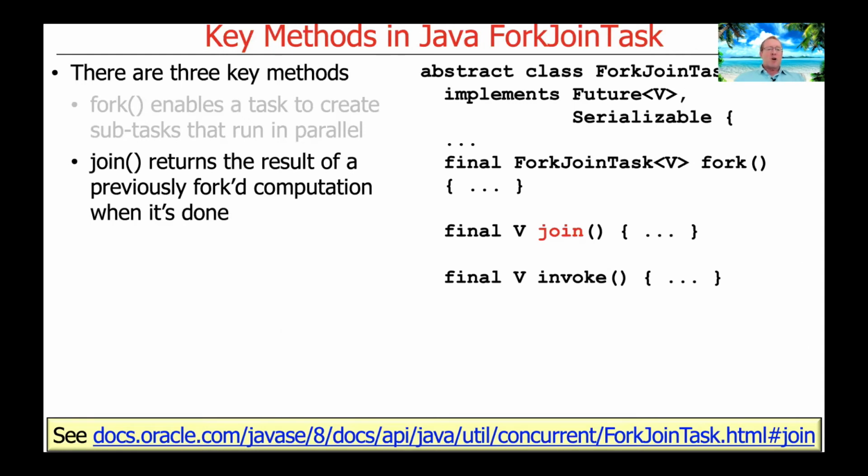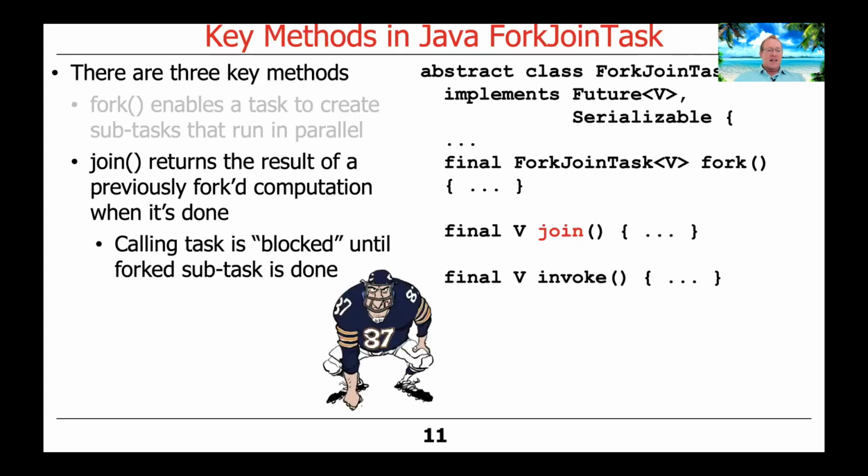The join method returns the result of a previously forked computation when it's finished being processed. And the calling task is logically blocked until the underlying thread discovers that the forked subtask it's waiting to join upon has finished.